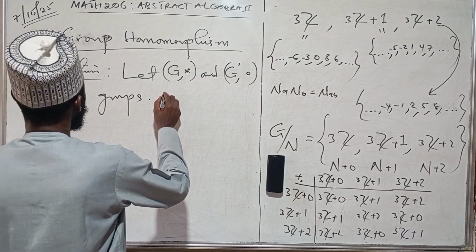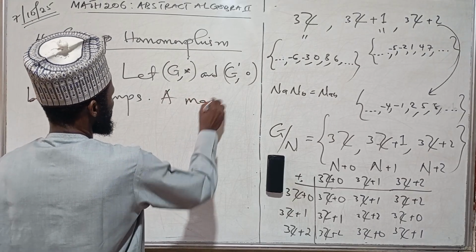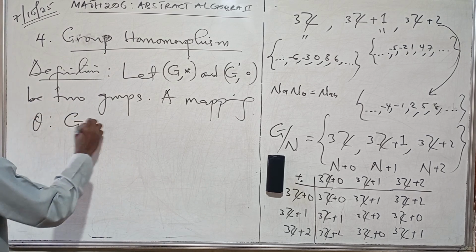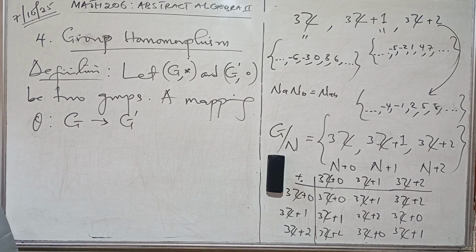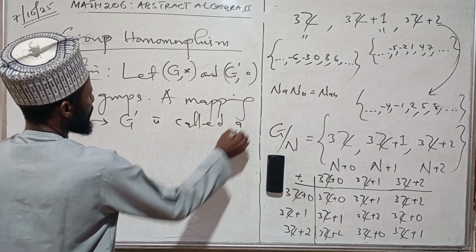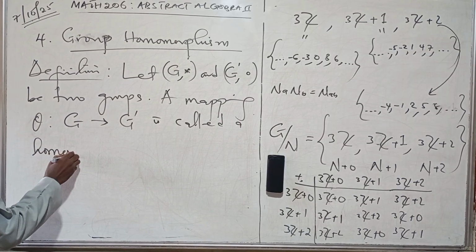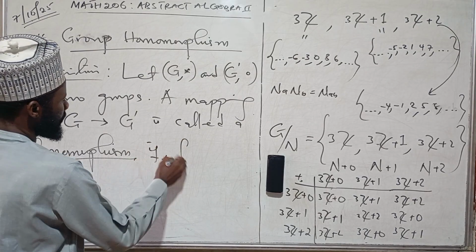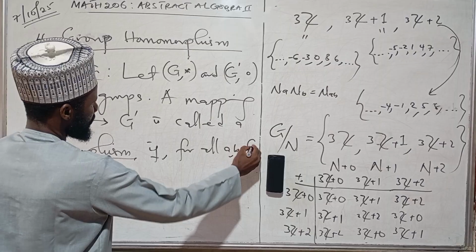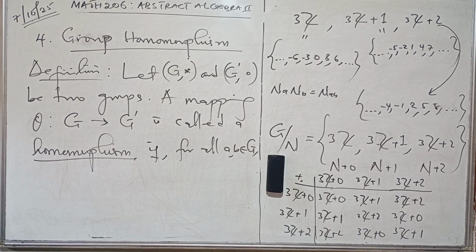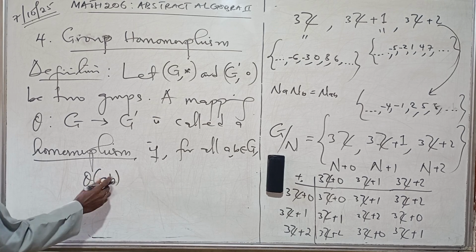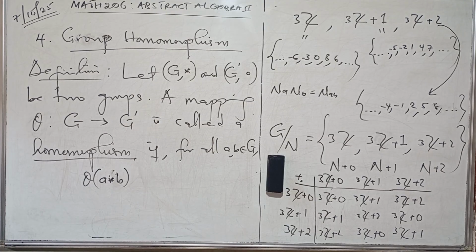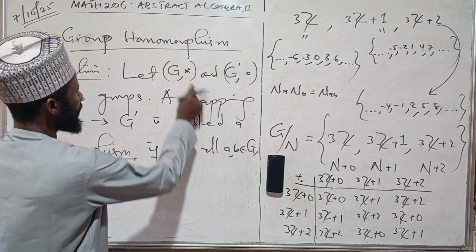So a mapping, let me call it theta, from G to G prime is called a homomorphism if for all A, B in G, so for any two elements you pick from the group G, the product A star B, because we have already mentioned star is the binary operation, so the way to combine elements here is using star.